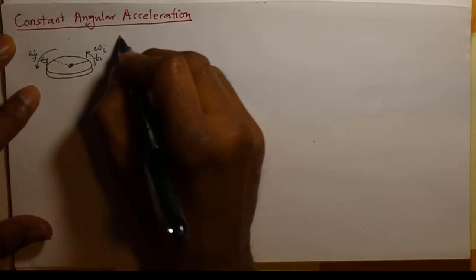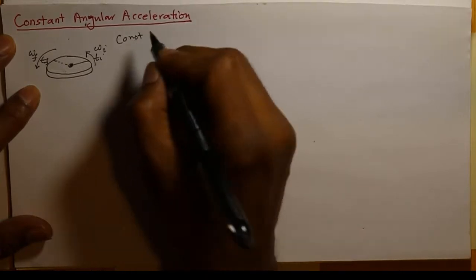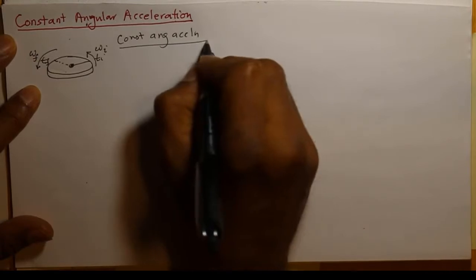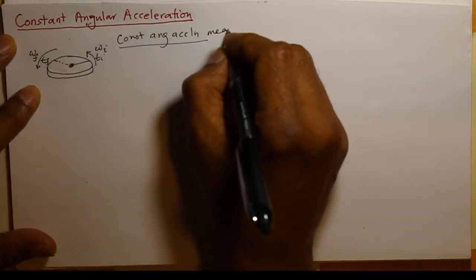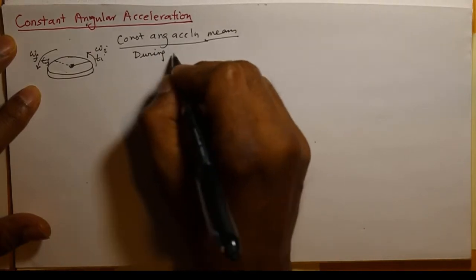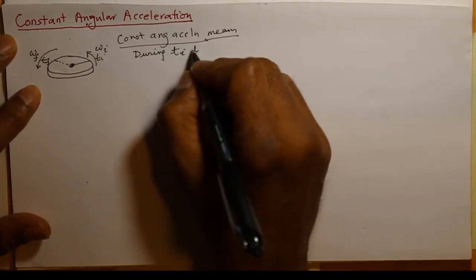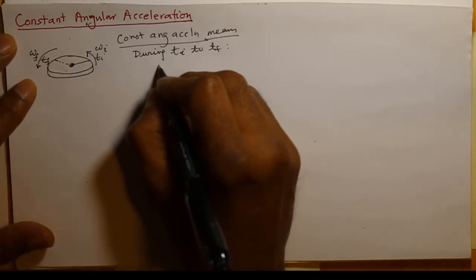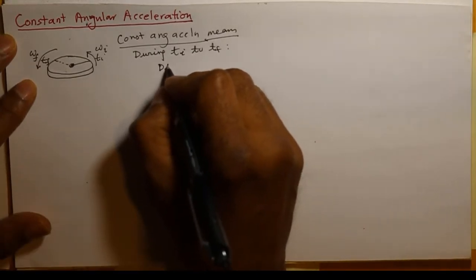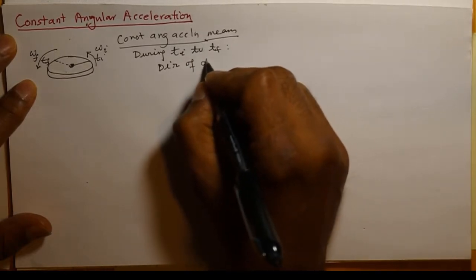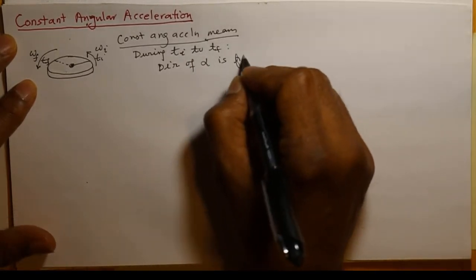So constant angular acceleration, what does it mean? It means during ti to tf, the direction of alpha is fixed.